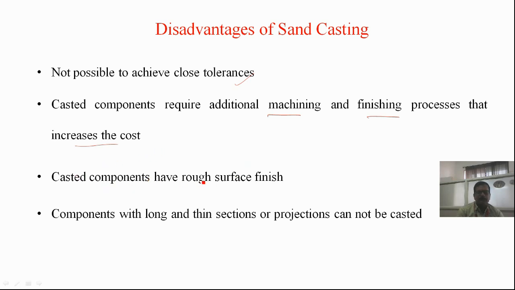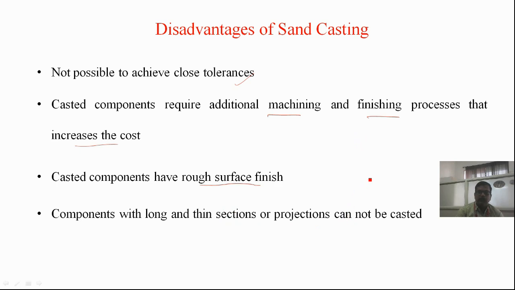The cast components have a rough surface finish. Not only tolerances, the surface finish is also rough. We need to make it smoother as per the requirements by using finishing operations, starting from grinding to honing, lapping, etc. Components with long and thin sections cannot be cast.